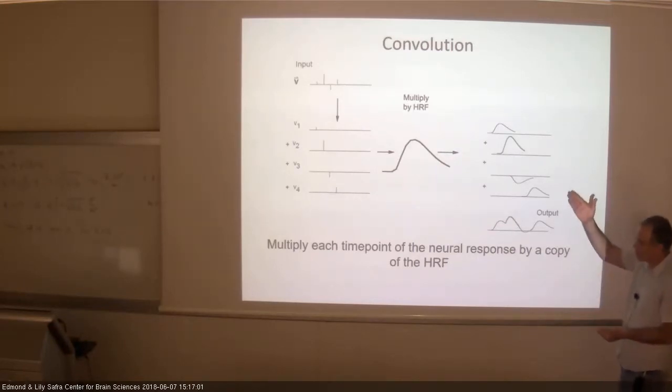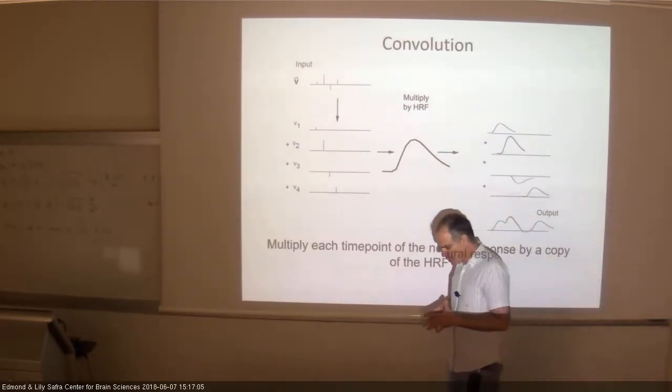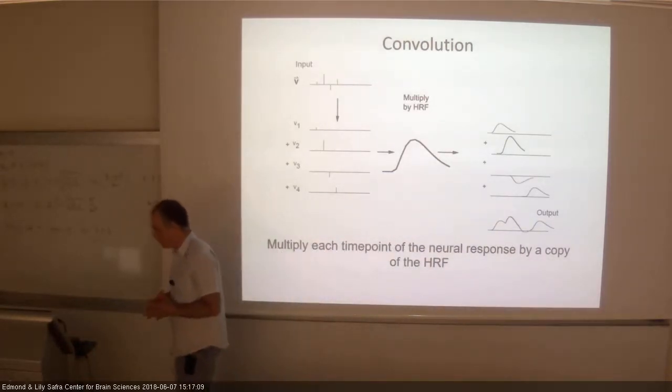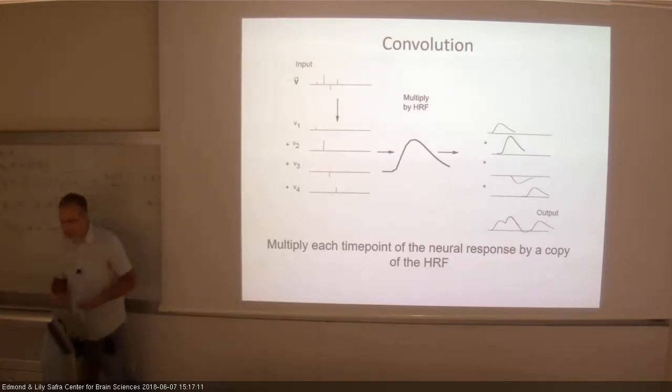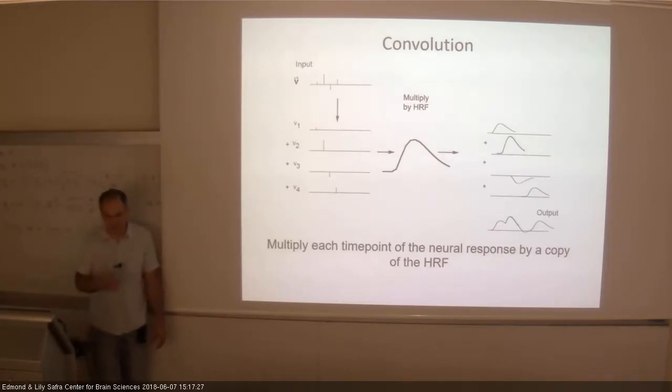They have some kind of canonical form. There's a lot of variability, but when we build some kind of model, we have some assumptions on our signal. We assume we have this canonical shape, and we assume that in all voxels and on all conditions, this shape stays the same. It's not always true, but we have to assume that to account for the other variability.